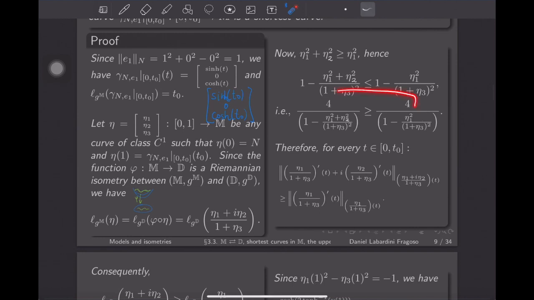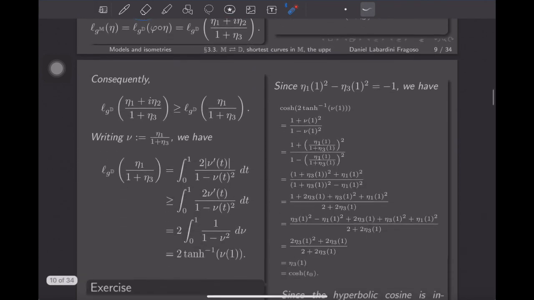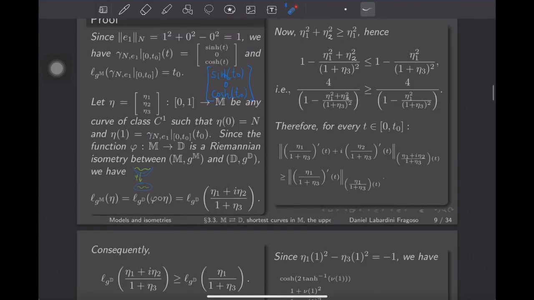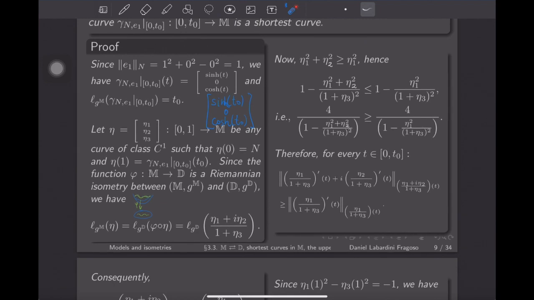Right. So I have this inequality, but I still have some way to go. Now what I'm going to do is take the derivative of this.